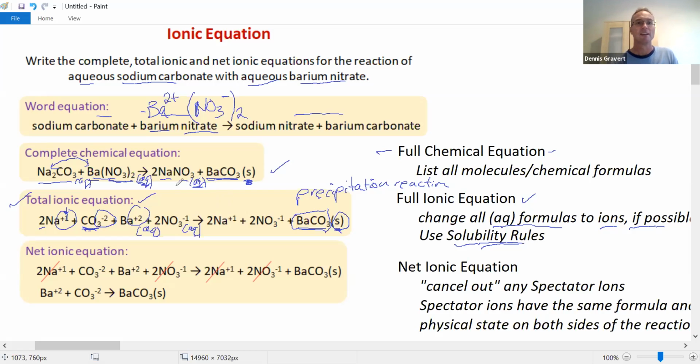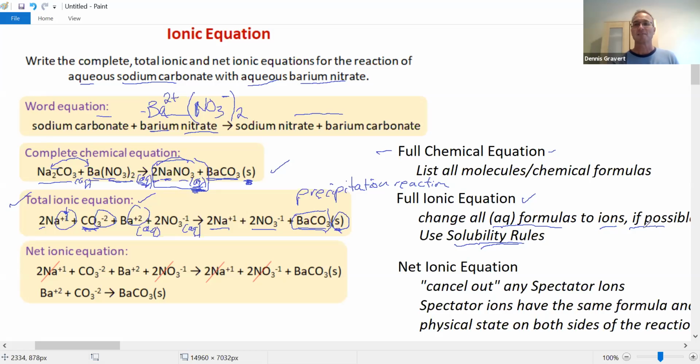So up here, NaNO3 was aqueous, and by solubility rules, salts that have sodium in them, that's the first solubility guideline, are usually water soluble. The AQ confirms that, yeah, it dissolved. So separate your cations, 2 Na's, away from 2 NO3's, the nitrates.